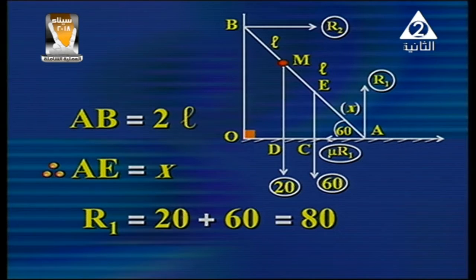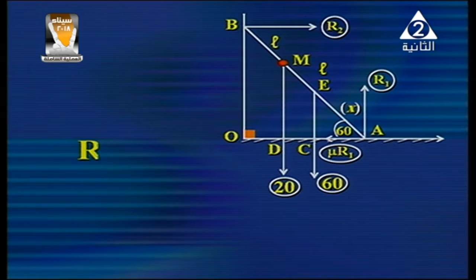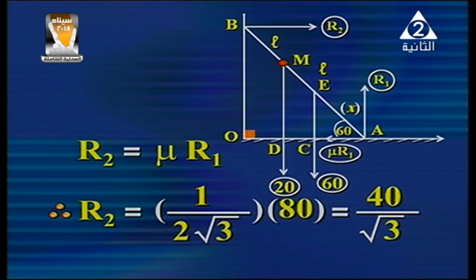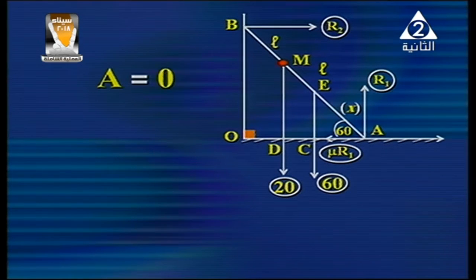This is the equation on the y-axis. But in the x-axis, R2 equals mu R1. By substitution, R2 equals 1 over 2 root 3 times 80. What is the value of R1? Then R2 equals 40 over root 3 Newton.